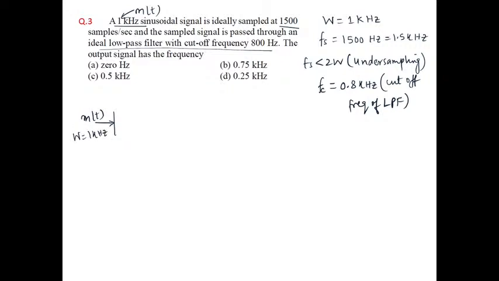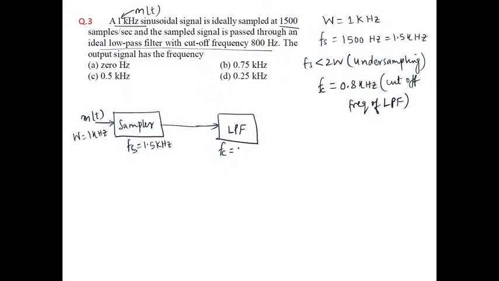In a sinusoidal signal, it has only one frequency component, which is 1 kilohertz. Now it has been passed through a sampler such that the sampling rate Fs is equal to 1.5 kilohertz, and then it has been passed through a low pass filter such that the cutoff frequency is 0.8. It's an ideal low pass filter.